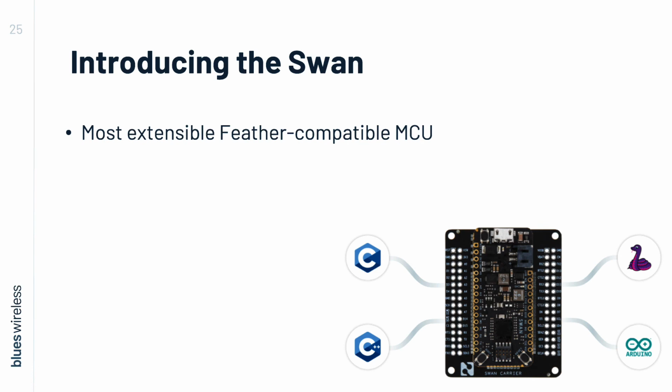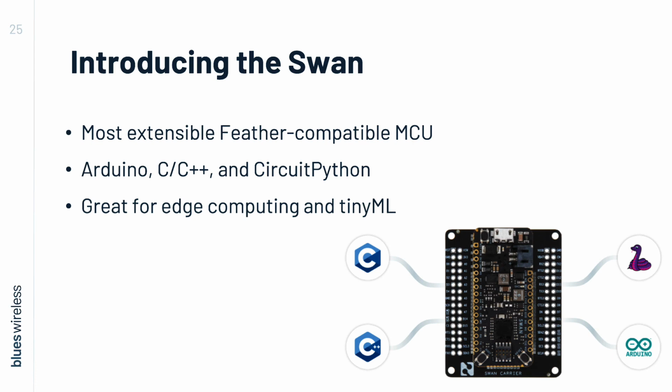It is based on the powerful but power-sipping STM32L4 Plus running at 120 megahertz with about 2 megs of flash and 640K of RAM. Swan does support Arduino, C, C++, and CircuitPython. And the Swan really is a great option for edge computing and TinyML, those low-power machine learning solutions. If you're curious about Swan, head over to blues.io for more info.